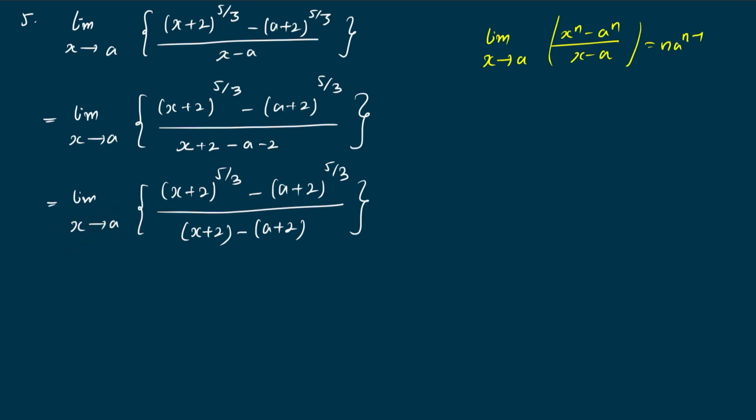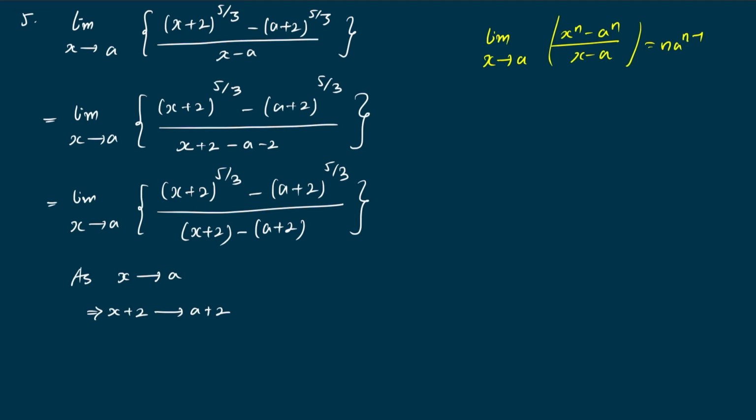But as you can see, as x is tending to a, if I add 2 here, then I have to add 2 here also. That means if x tends to a, then x plus 2 tends to a plus 2.